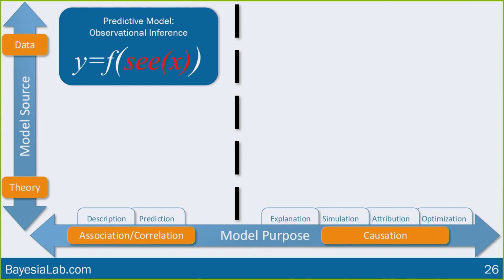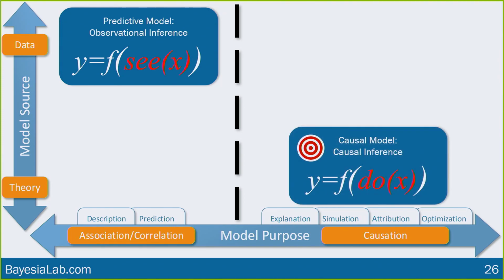For predictive models, we can learn quite easily from data, and pretty much any association or correlation represents a predictive model. But what I'm emphasizing here is, given that we're observing X taking on a value, based on that we can predict an outcome.